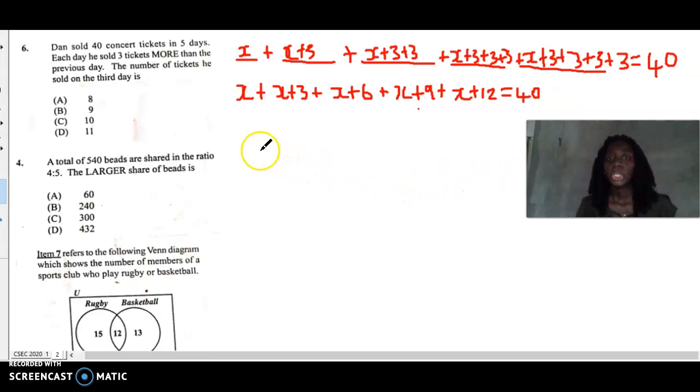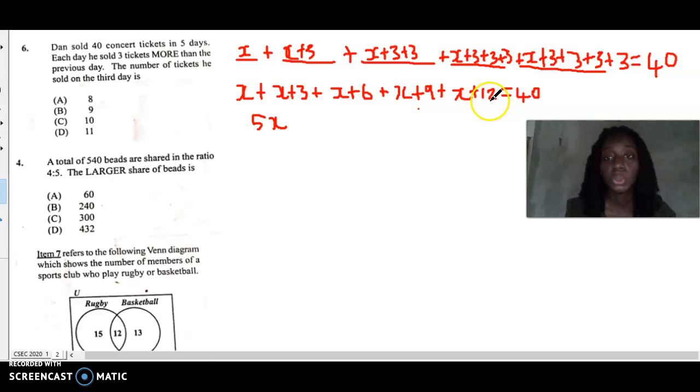Alright, so at this point we can group the like terms. So we have variables of X, so we can add these X's. So this is 1X, 2X's, 3X's, 4X's, 5X's, and then I can add my constants.